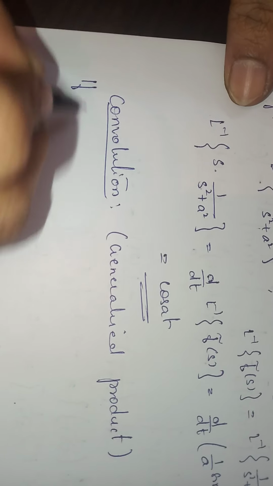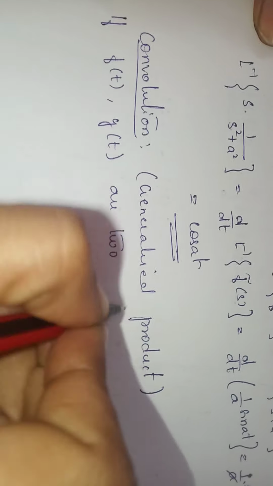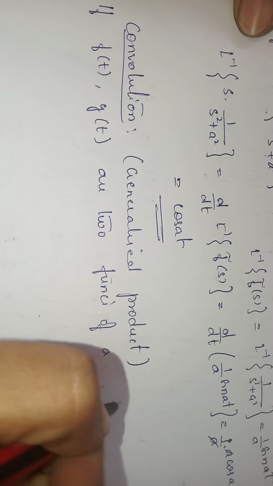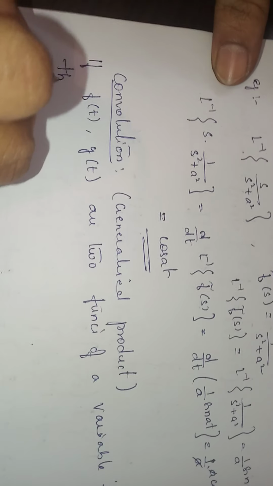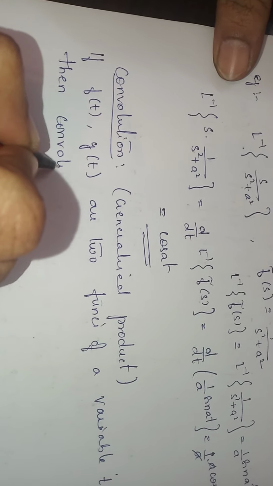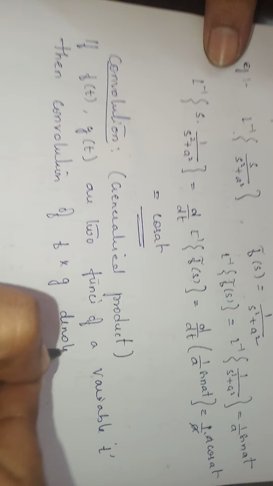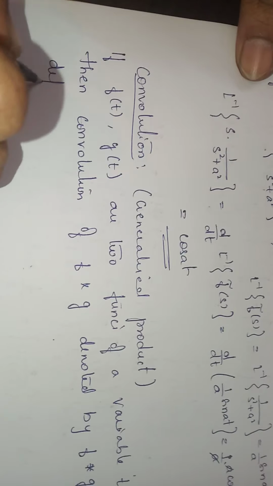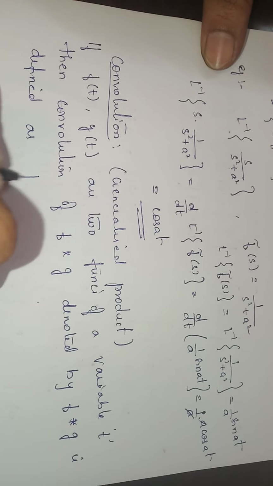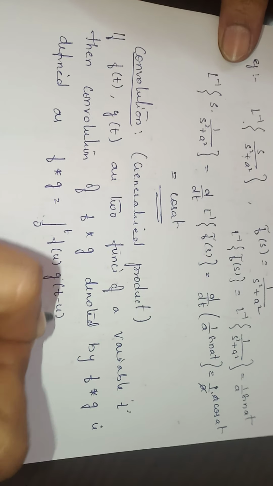So if f of t and g of t are two functions of a variable t, then the convolution of f and g, denoted by f star g, is defined as f star g is equal to integral 0 to t f of u g of t minus u du.